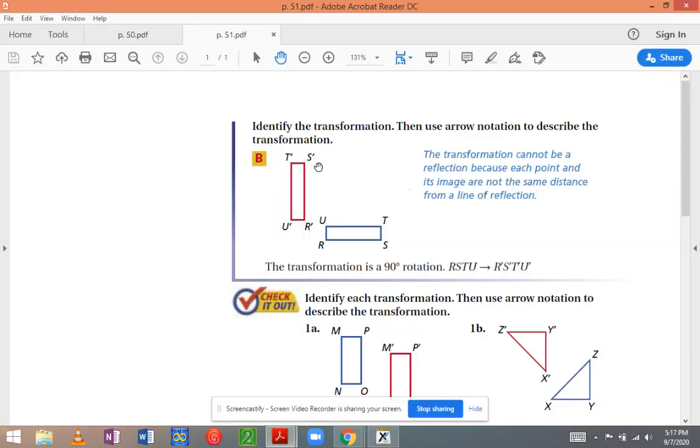Okay, let's take a look at example B here. This time, if you look at the pre-image, that's the blue rectangle, it's UTSR. It's going to be mapped into the image U prime, T prime, S prime, R prime by way of a rotation.